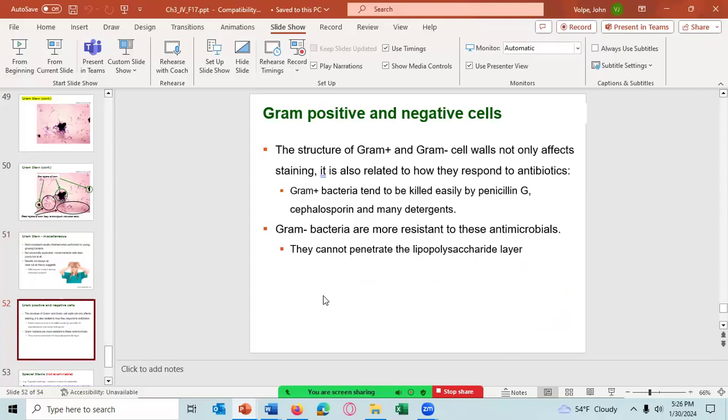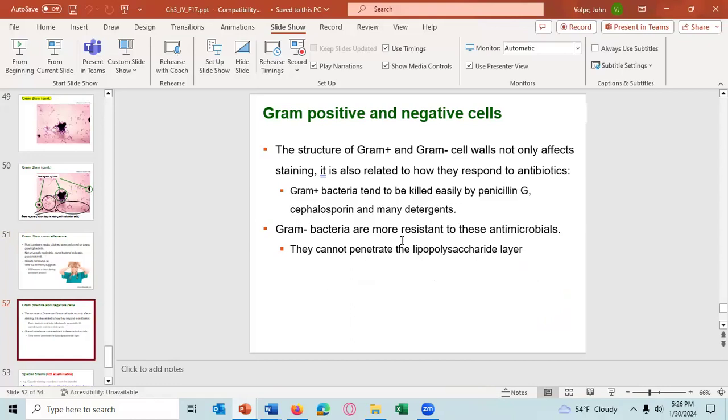All right, the structure of the gram-positive and gram-negative cell walls not only affects the gram stain, it also affects how the cells are related to different antibiotics. Like the gram-positive bacteria can be killed easily with penicillin G, as well as cephalosporin and many detergents, whereas the gram-negative bacteria are resistant to these antimicrobials.